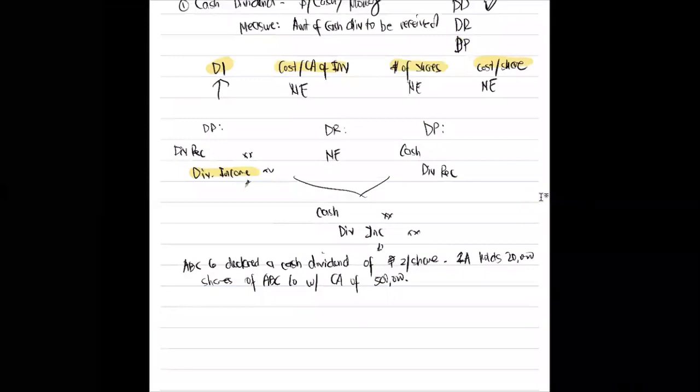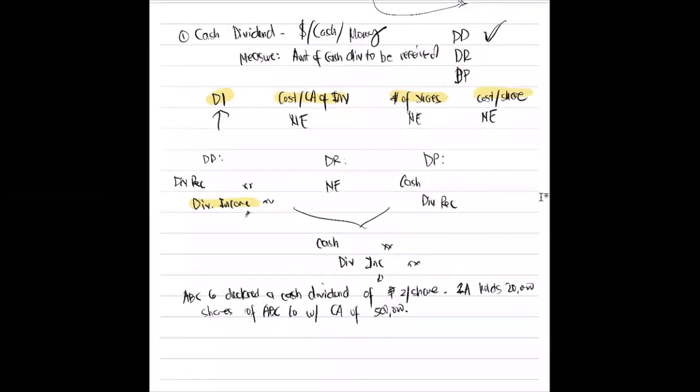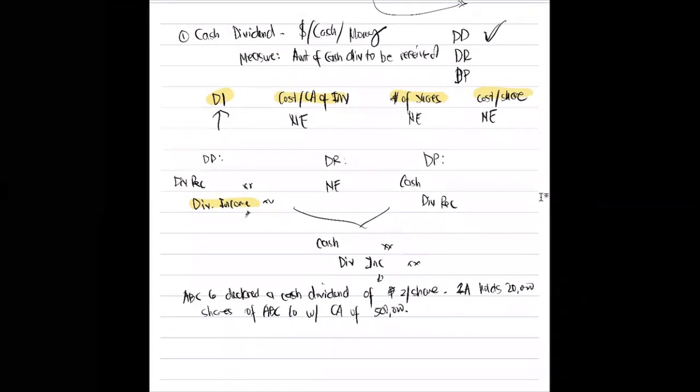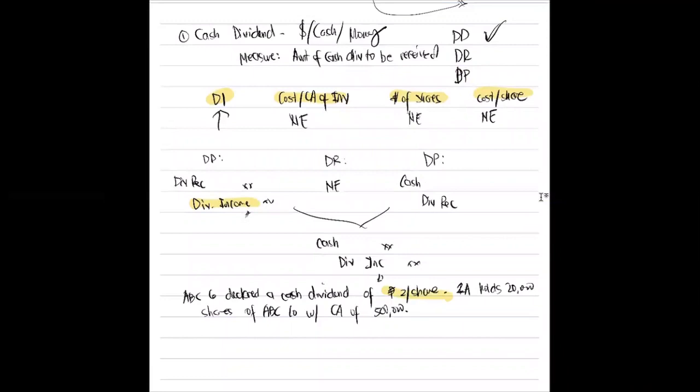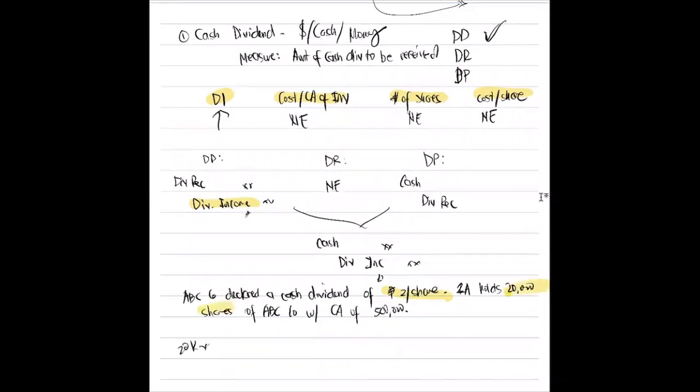So if that is the problem, as you can see, we will only receive a cash dividend, 2 pesos per share. If ever our date of declaration and date of payment is different, then we will record that. How much is the amount of our cash dividend to be received? That is equal to 2 pesos per share. How many shares do we hold? We hold 20,000 shares. So 20,000 shares times 2, we will receive 40,000 cash dividend. That's how we will measure our cash dividend.